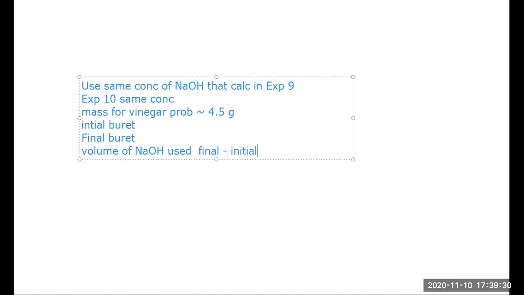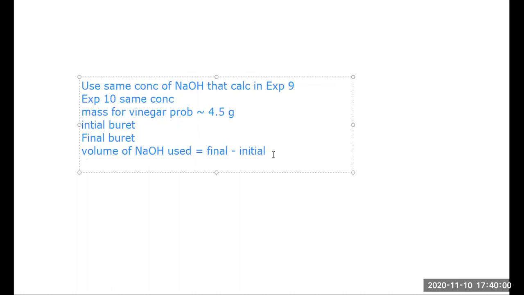Because remember, as you are reading down your burette, your final value is always a larger number because it's closer to 50. Because 50 is really almost at the dead bottom of your burette. And the initial is higher up, closer to the top of your burette. So you're not allowed to have a negative volume. Negative volumes aren't allowed. So final minus initial should give you a positive volume.